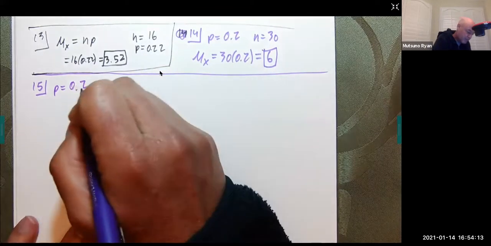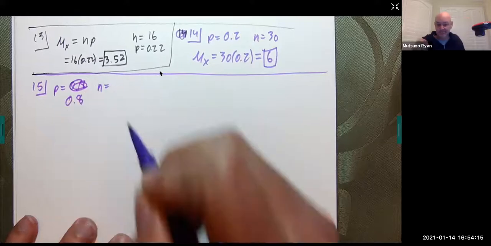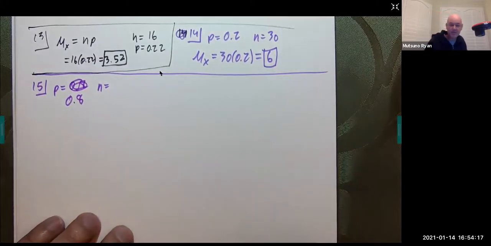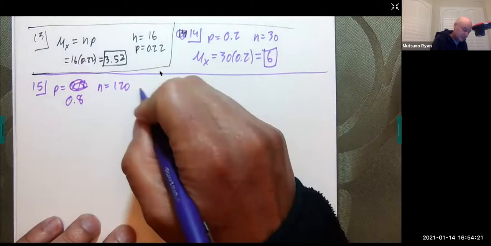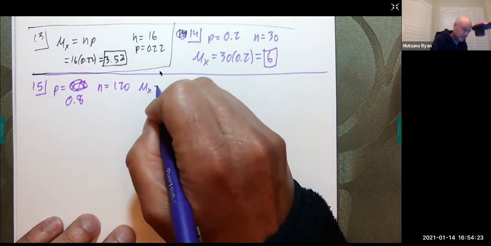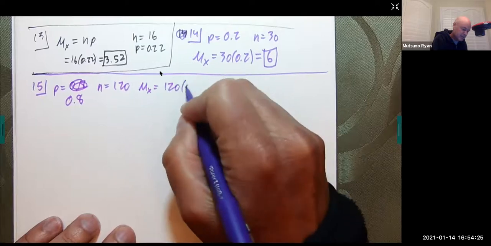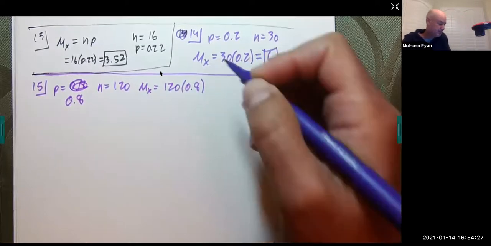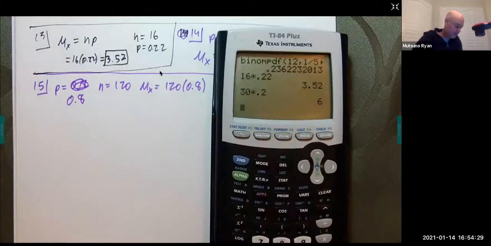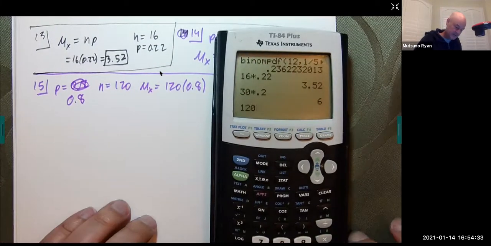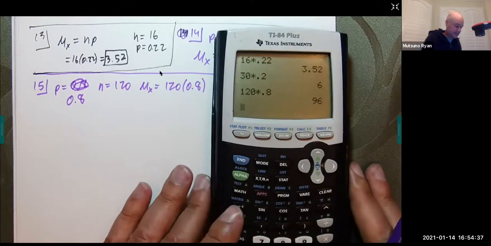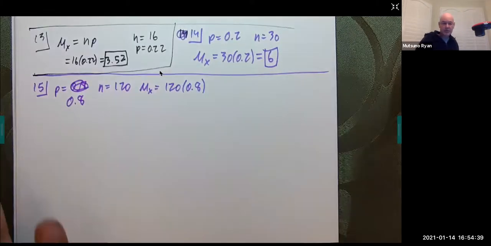Oh, I'm sorry. 0.8 are opposed. See, even I read it wrong, just be careful. And N is 120. So our mean in this case is 120 times 0.8. That's 96. 96 are opposed.